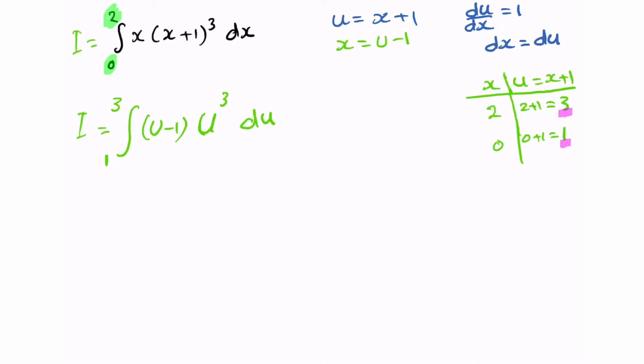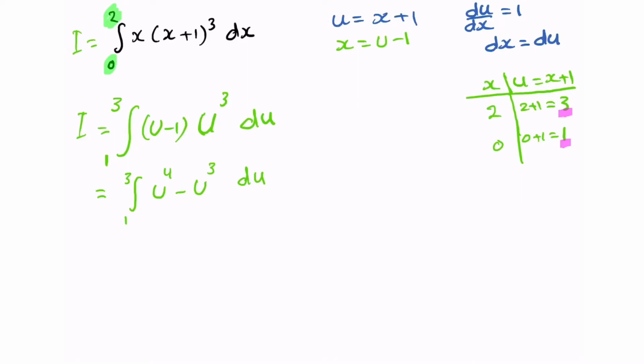Now we multiply the brackets with u cubed, so the limit 1 to 3, u cubed times u is u to the power 4, minus u to the power 3 times 1 is u to the power 3, du. So far I'm just arranging, I didn't do the integration yet.